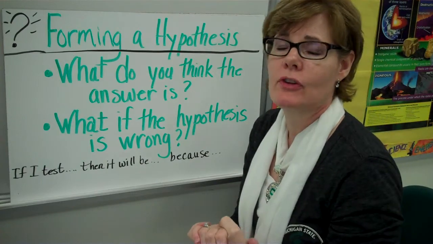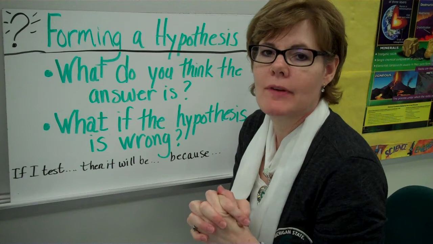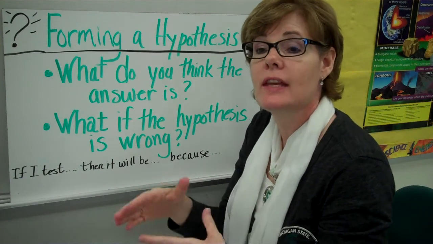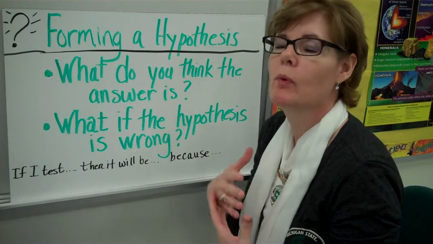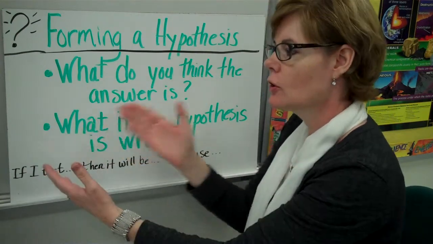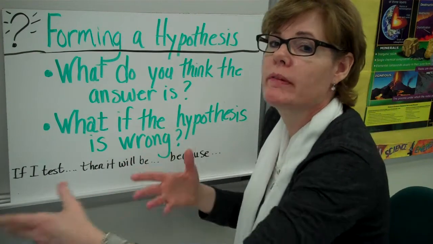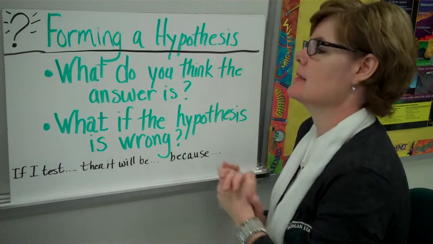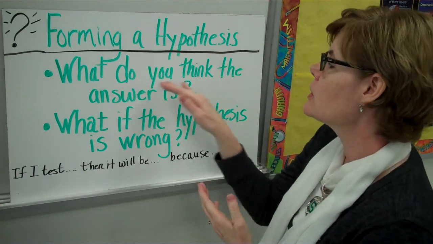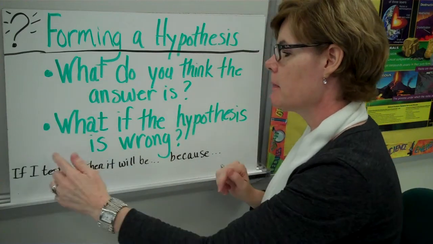So, for instance, if you said, I want to investigate how oil affects the life of the plant, and I think it's going to be negative. That's how most people would normally, with the research, go. So you're almost predicting what the answer is, but we have to put it in a hypothesis statement. So really, what do you think the answer is? And use that as part of your hypothesis.